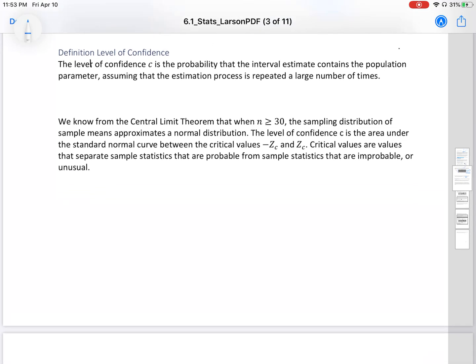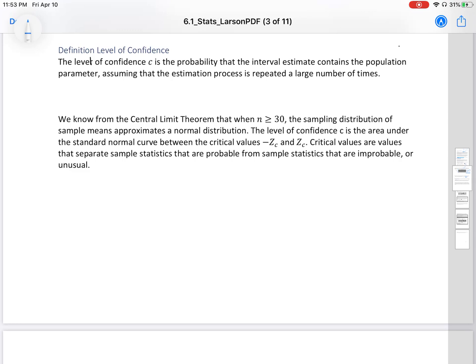This leads us to our central limit theorem. We know from the central limit theorem that when n is greater than or equal to 30, the sampling distribution of sample means approximates a normal distribution. The level of confidence c is the area under the standard normal curve between critical points negative z c and z c.